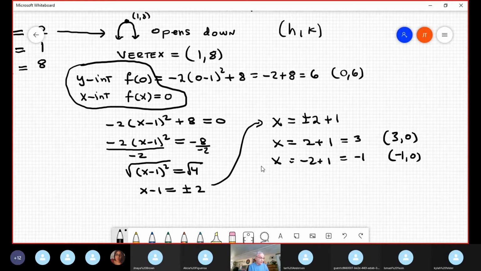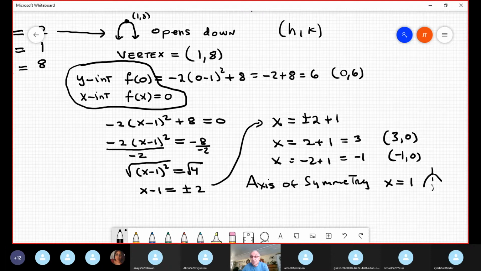In order to find a 5th point, we can use the axis of symmetry. The axis of symmetry is the vertical line x equals h. h in our example is 1. It's a line that splits the parabola into equal halves. Let's see it in Desmos to see more clearly. I open Desmos now, guys. Look.